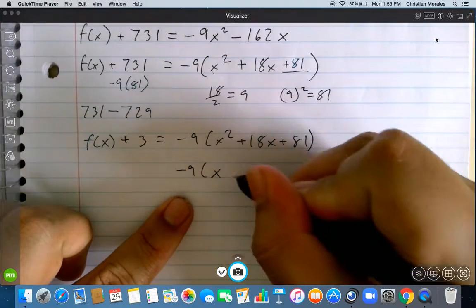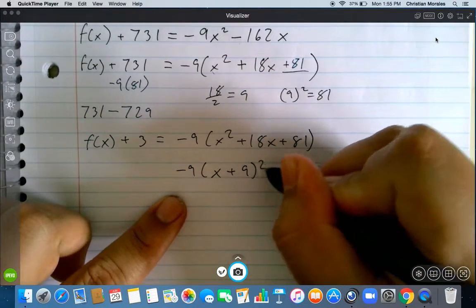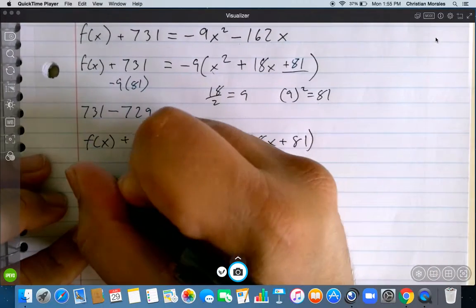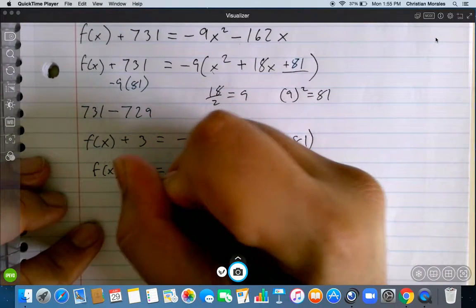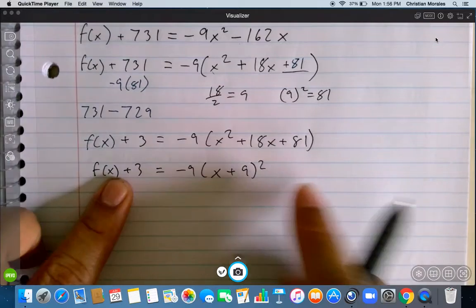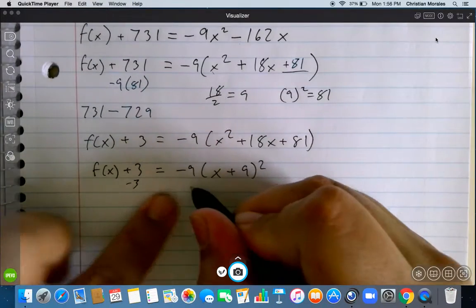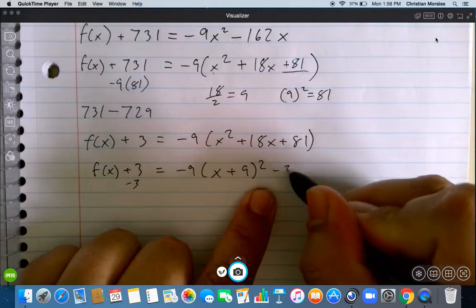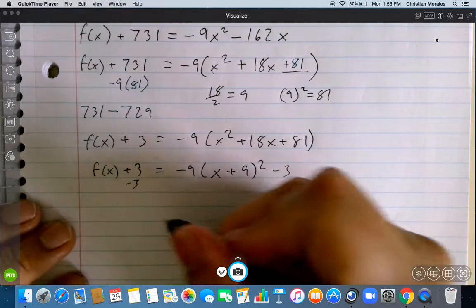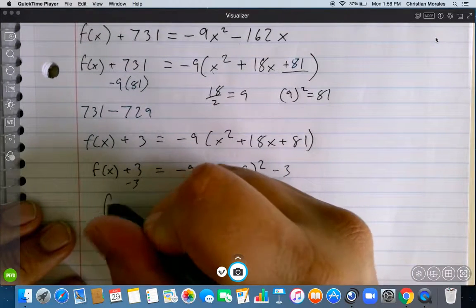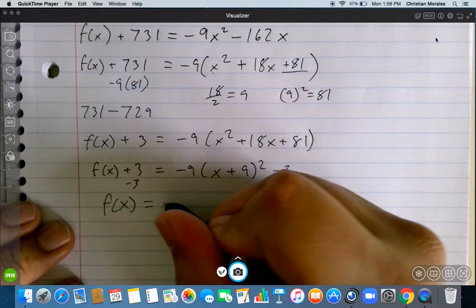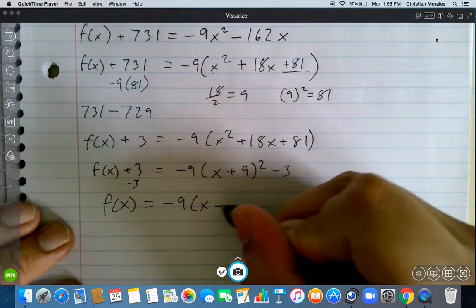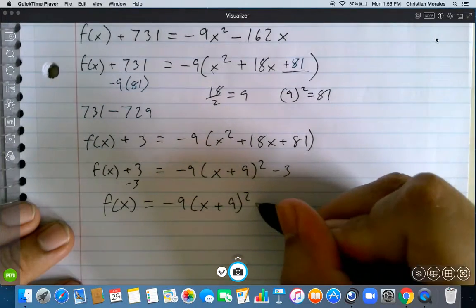So it'd be x plus 9 squared. All right. Almost there. We're going to move that 3 using inverse operations, but not over here, not over there. Over here. So now our function f of x equals -9 x plus 9 squared minus 3.